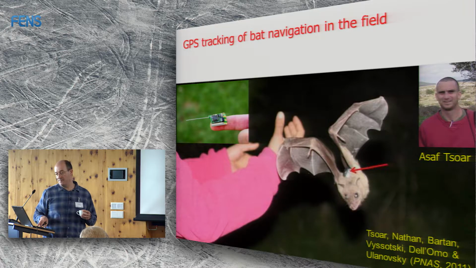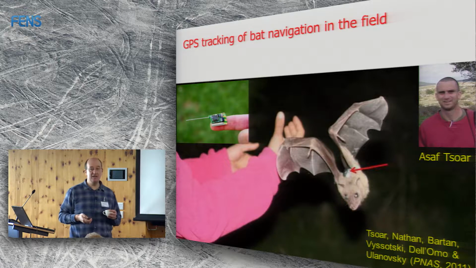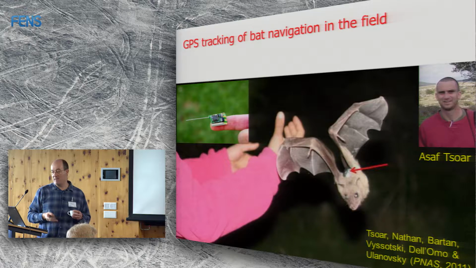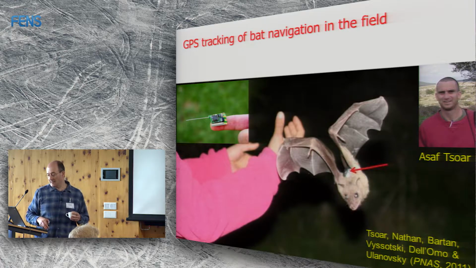All right, so just to put you into this mindset of how bats navigate outdoors, this was already mentioned by Eric in his talk on the first day. This is a study we did several years ago in wild bats. Outdoors, we equip them with small GPS tags, very similar to the ones Anna and other people are using.